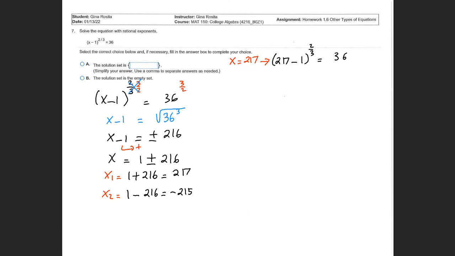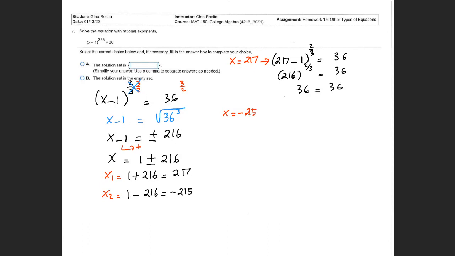So 217 minus 1 is 216 to the 2 over 3 equals 36. Look again, this is a cube root, so don't worry about plus minus. The answer becomes 36 equals 36. Use the calculator. Now the second one, check x equals negative 215.